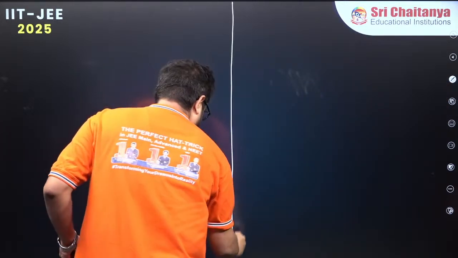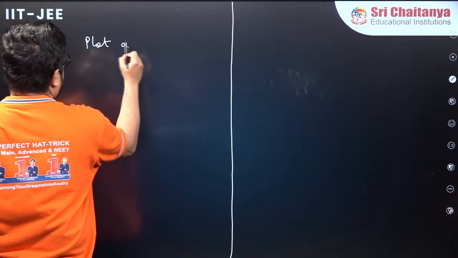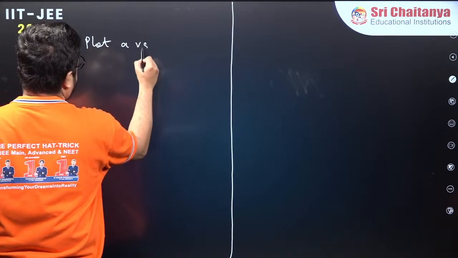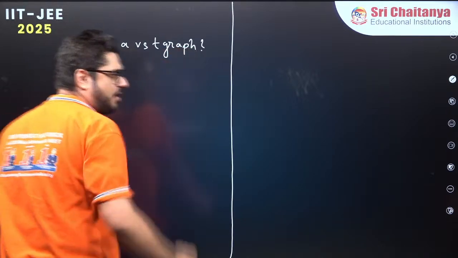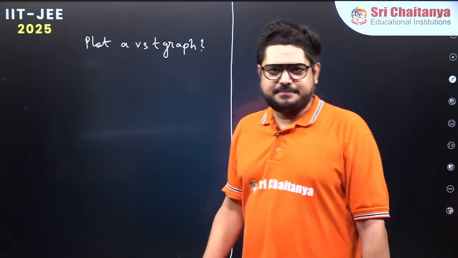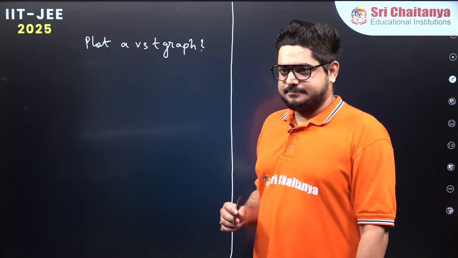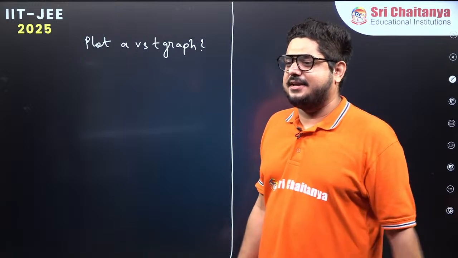Acceleration time graph. First plot, plot acceleration versus time. Can you plot A versus T graph, everyone? Can you tell me the nature of A versus T? Write it down over there. What is going to be A versus T?